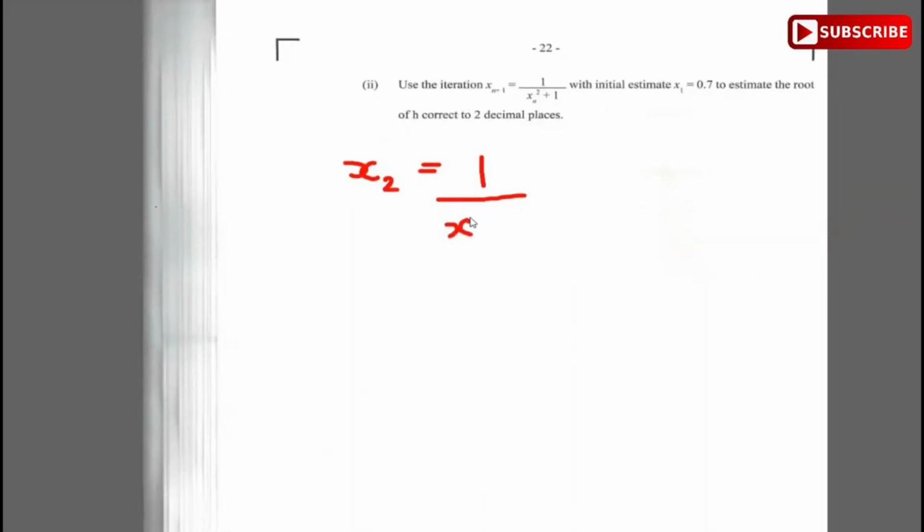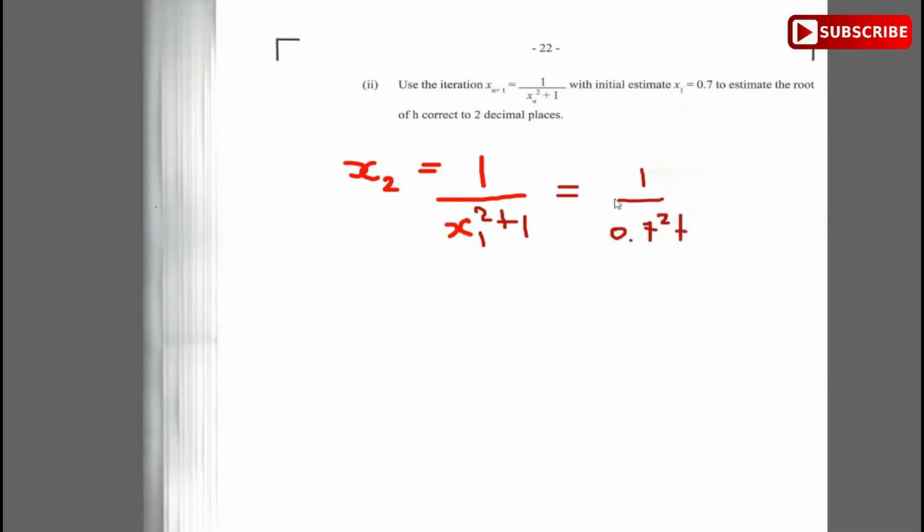So it's going to be 1 over x1 squared plus 1. That's going to be x2, which is equal to 1 over 0.7 squared plus 1.